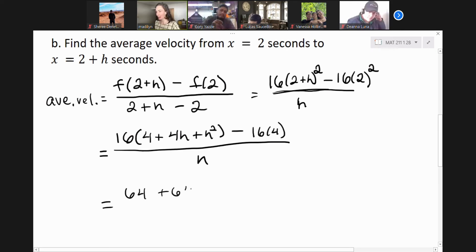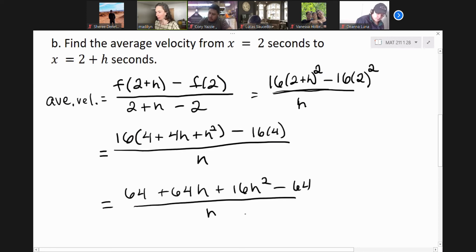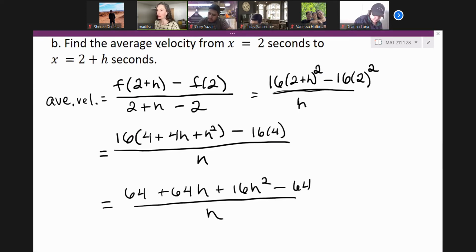So when we distribute that 16 through, the 64s are going to cancel each other out.